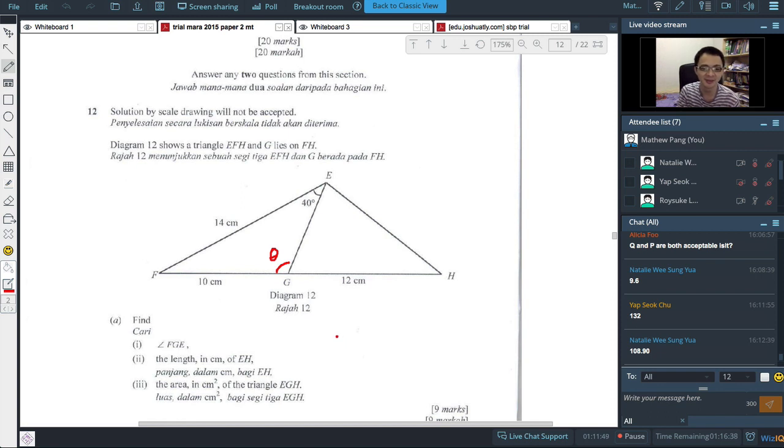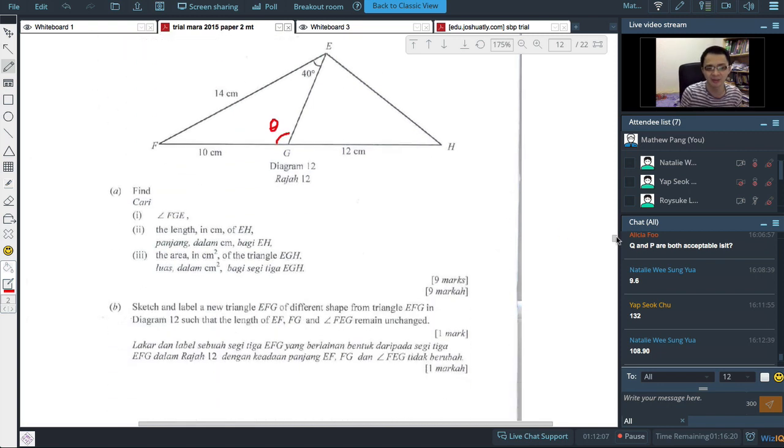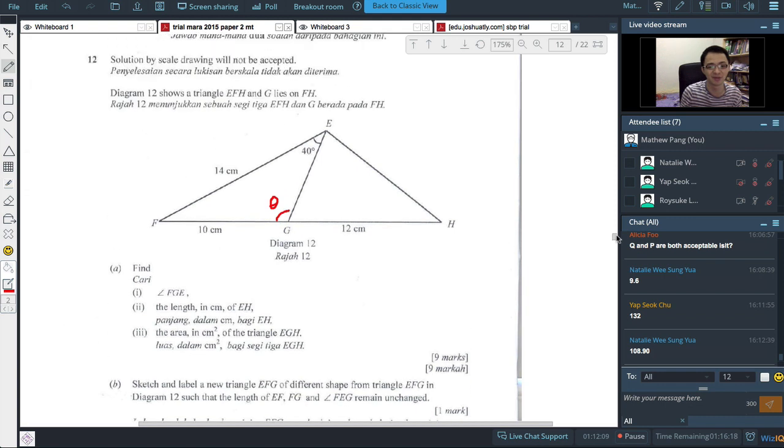Second, find the length of EH. Third, find the area of triangle EGH. Okay, it's a simple question. Nothing here you will find very complicated, but why 9 marks only? Oh, and then 1 more mark for you to sketch the new triangle.